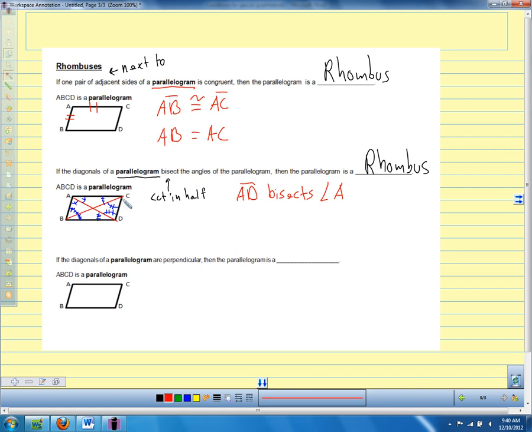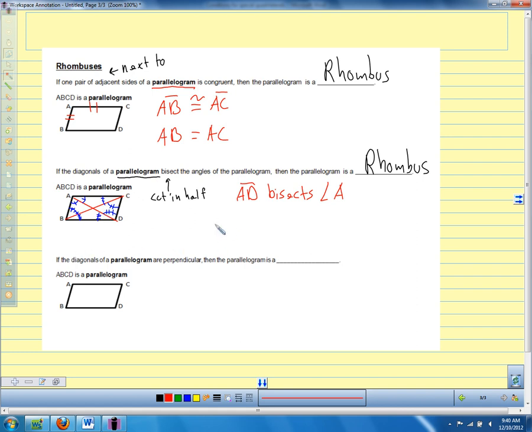Segment BC bisects angle C. So this is just one of the angles. We're saying it bisects one of the angles. We would be saying that the diagonals bisect all the angles. I'm not going to write all 4 of those out. But segment AD bisects angle A. Segment AD bisects angle D. Segment BC bisects angle B, bisects angle C.